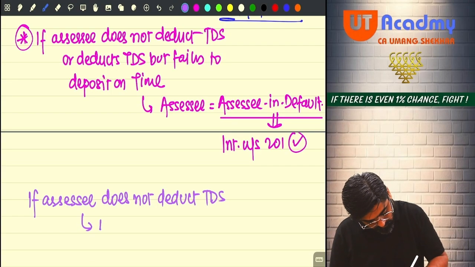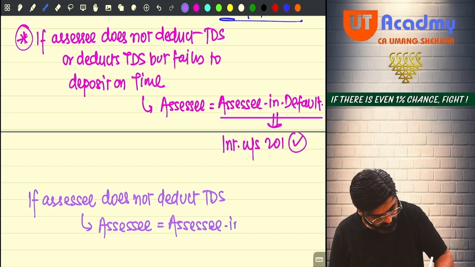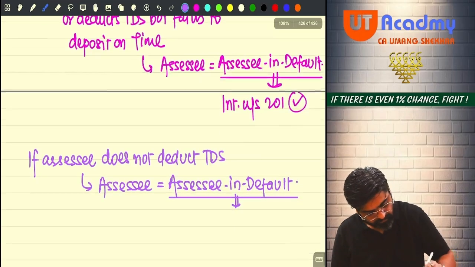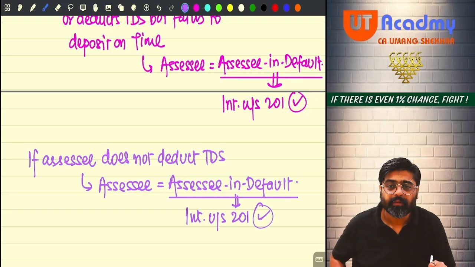Then the assessee will be treated as assessee in default and interest under section 201 is levied. Yes or no?